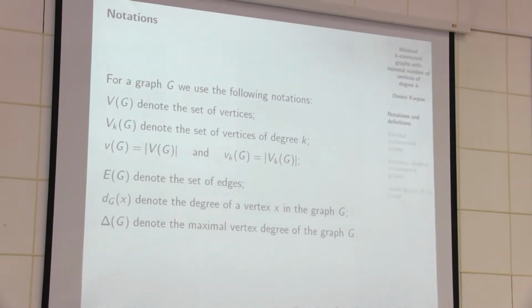The capital letters will denote the sets of vertices and edges of the graph G, and the corresponding small letters will indicate the number of elements of the set. Especially v is the number of vertices of the graph. Delta is the maximum vertex degree.